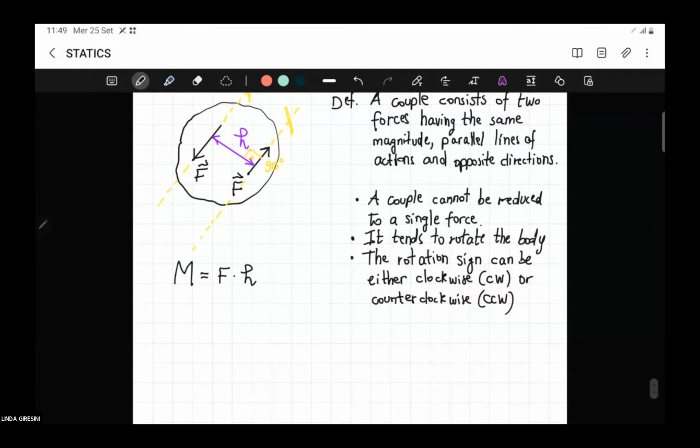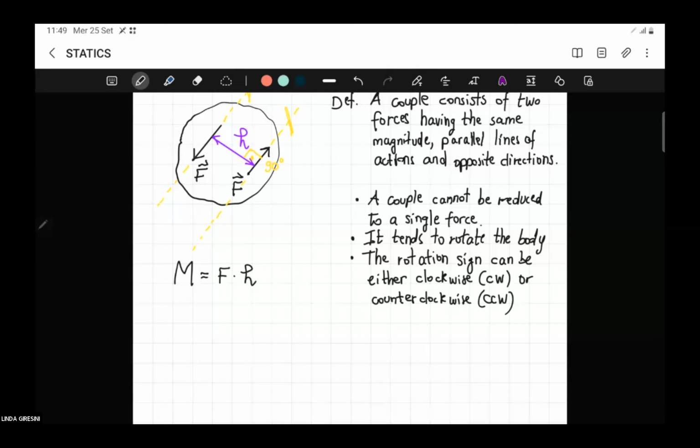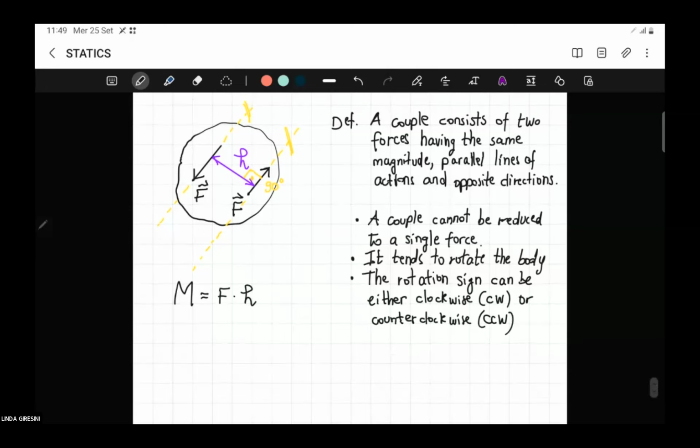There is a right hand rule, let's say, at least in Italy, we use this method to understand what is the direction of the vector, because M is actually a vector, which is located in the third dimension of the plane in which the two forces are contained.